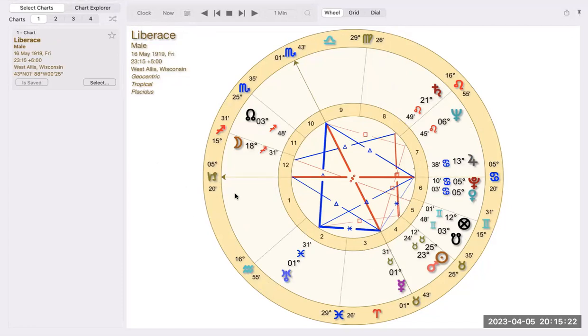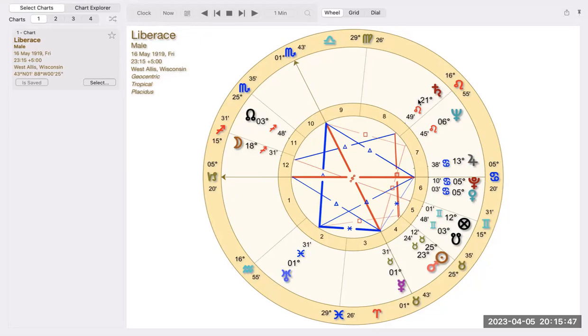His ascendant is in Capricorn, which is ruled by Saturn. Saturn is sitting in his 8th house in Leo.